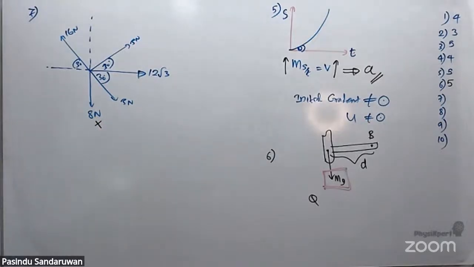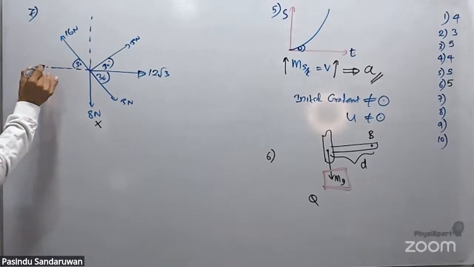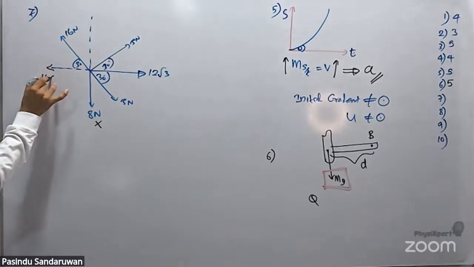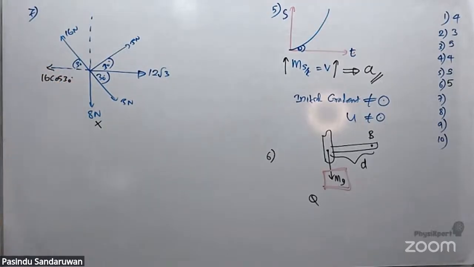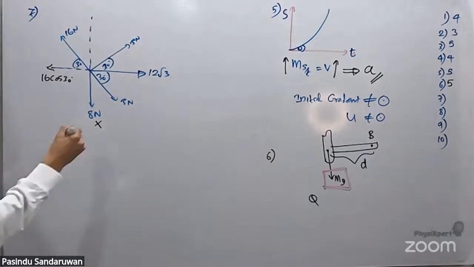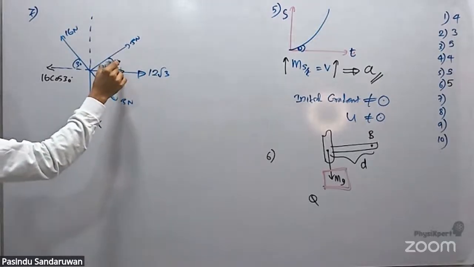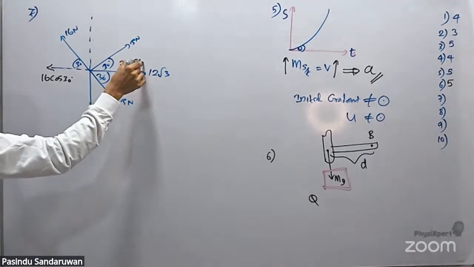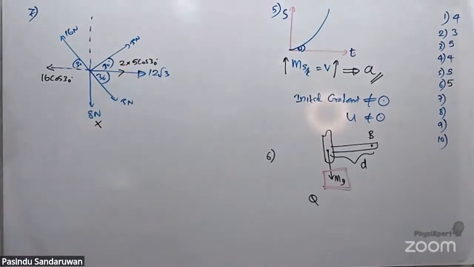So it's cancelled. And from here, only 16 cos 30 remains. And from these two, we know 5 cos 30 and 5 cos 30 remain, so 2 times 5 cos 30 remains.